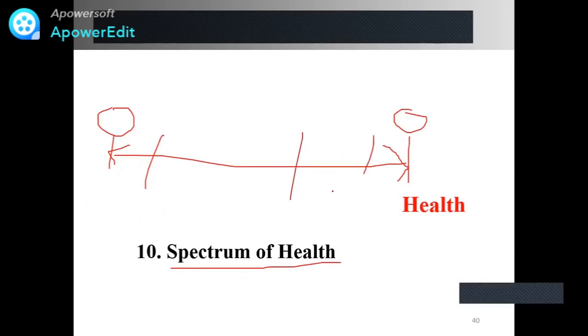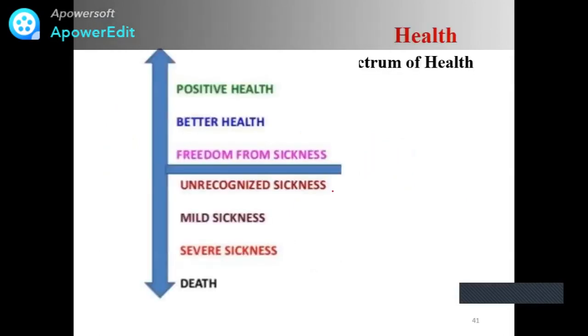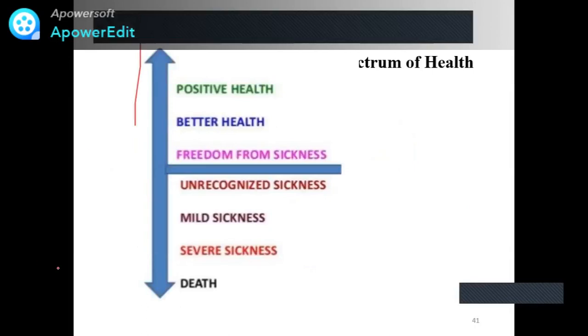Health is a dynamic phenomenon. Therefore, health can be seen through a spectrum. As in this picture, health has two directions, one direction and another direction opposite to the first one. One is positive, the other end is negative.